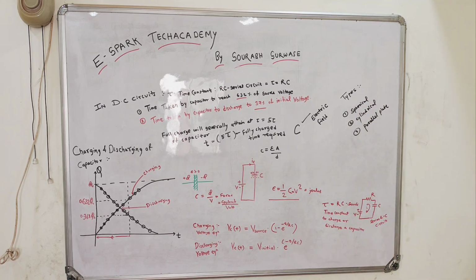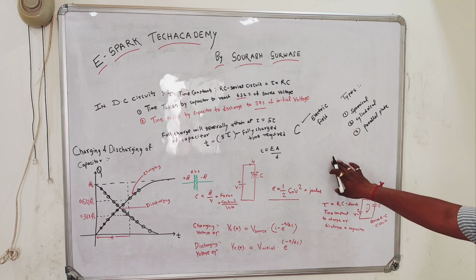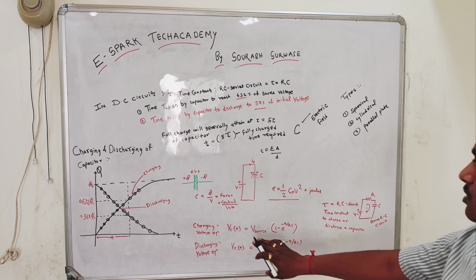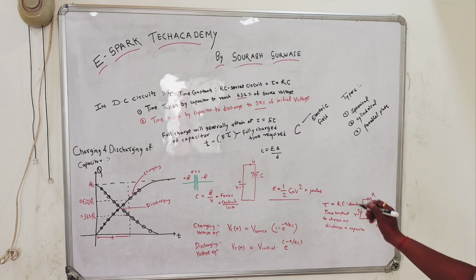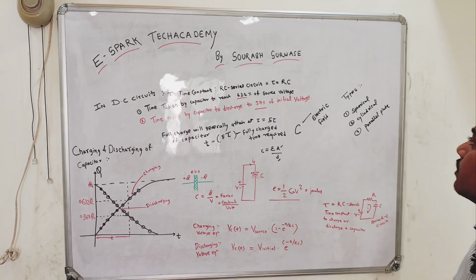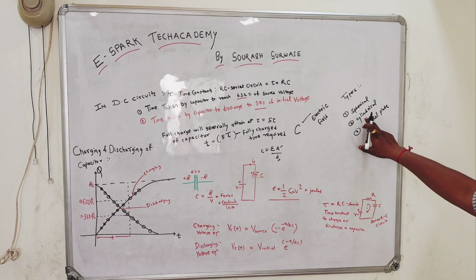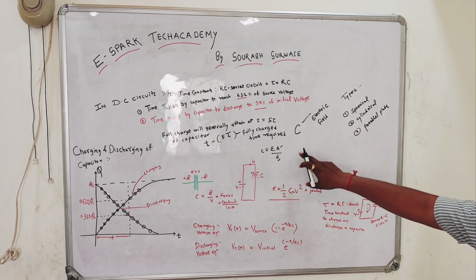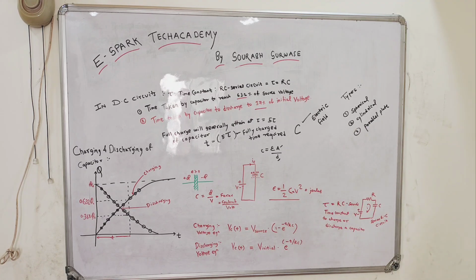In all these types of capacitor there will be two plates which are separated by a distance d, here you can see, and the area of that plate or that cylindrical surface or those conducting plates will be the area.